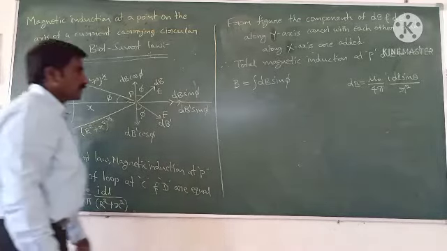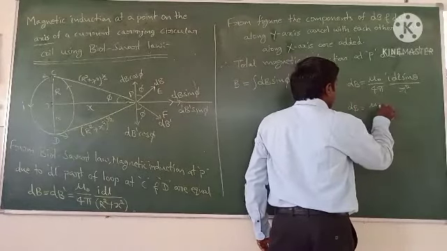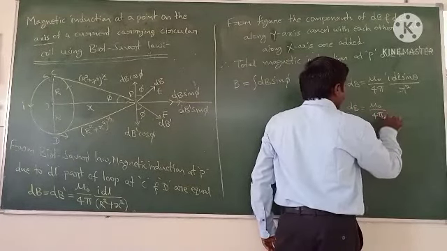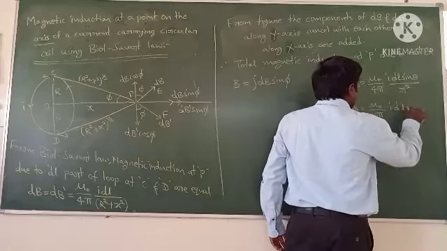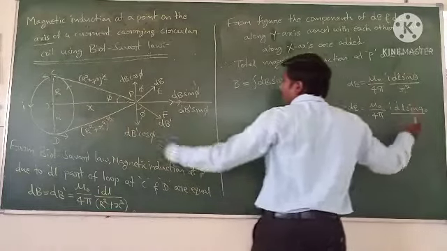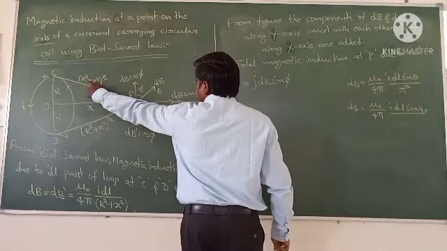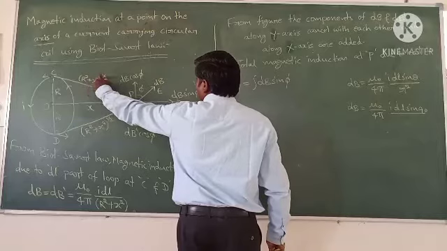So apply here: dB equals mu naught by 4 pi, I dl sin 90 by r square. Here r square means distance square, so the square and root will cancel.